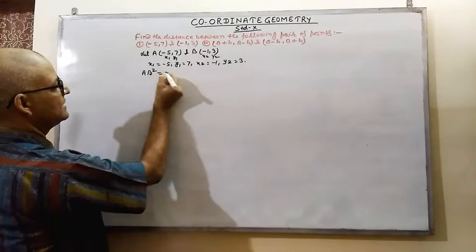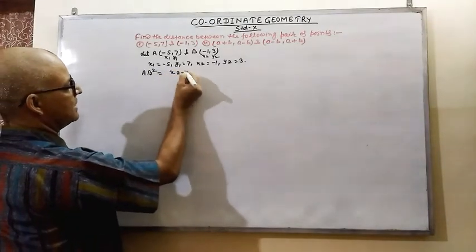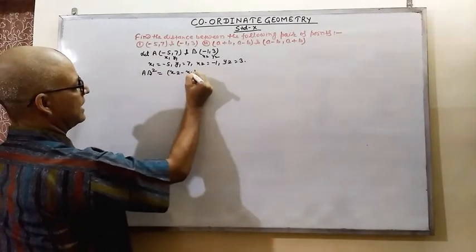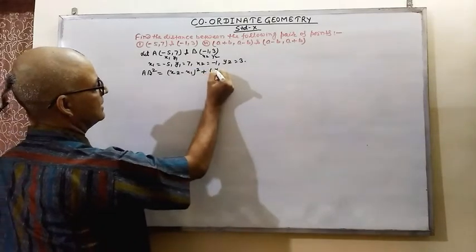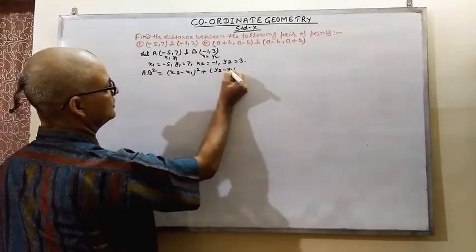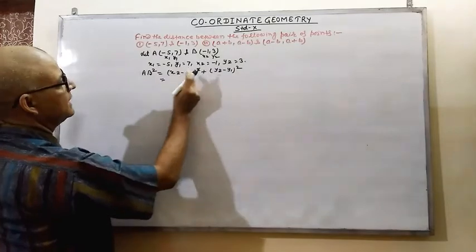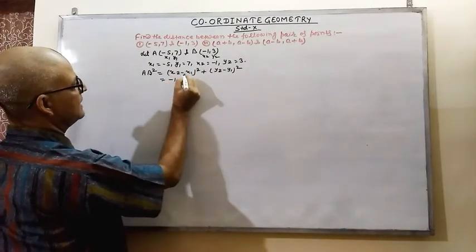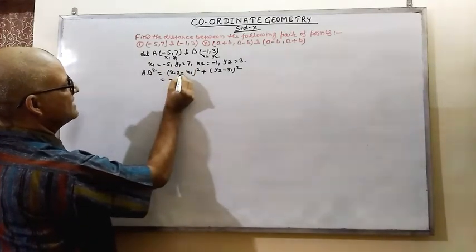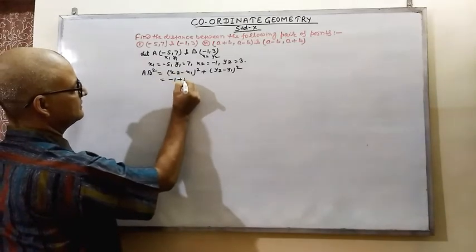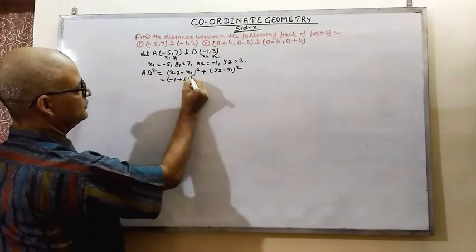So AB square is equal to x2 minus x1 whole square plus y2 minus y1 whole square. Now x2 is minus 1, x1 is minus 5, so minus minus plus 5. Use it carefully.